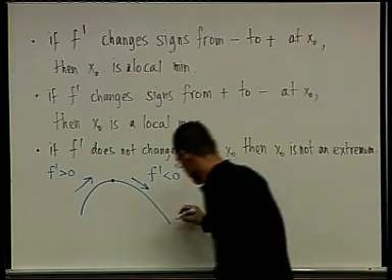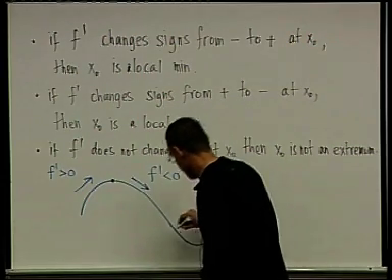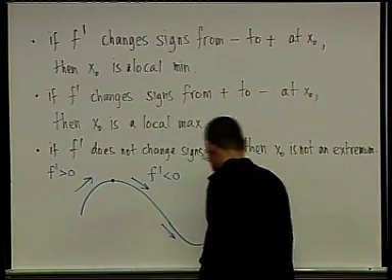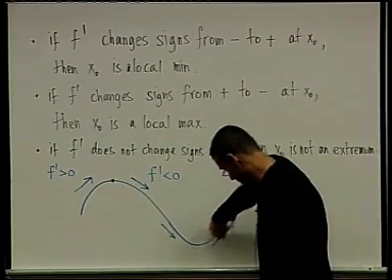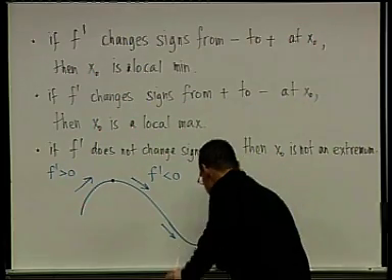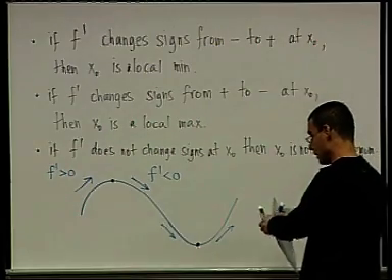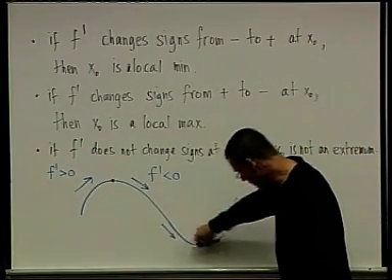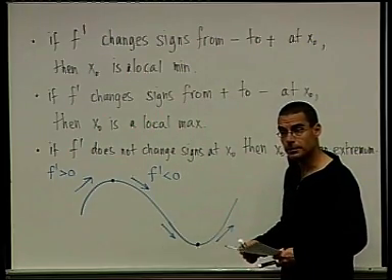And of course, vice versa, or the other situation, if it's a local minimum, then the function is going to be decreasing and then increasing, and therefore the derivative is going to change signs from being negative to being positive, and then it's going to be a local minimum.